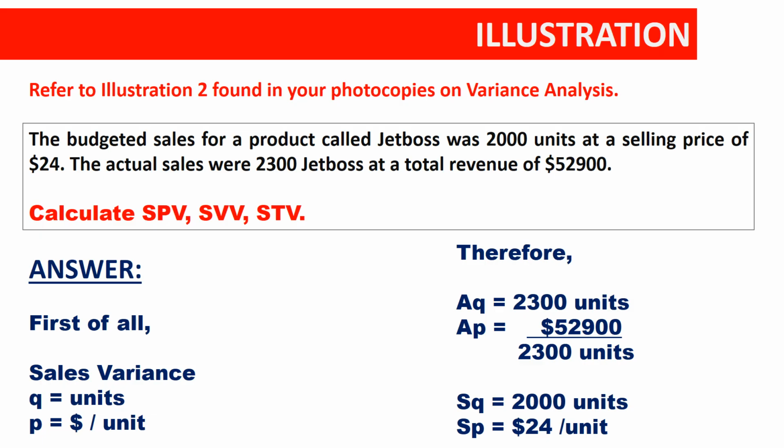AP is $52,900 divided by 2,300 units, in order to get the actual selling price per unit, that is, X dollars per unit. Then, SQ is equal to 2,000 units, and SP is $24 per unit. Now, use all this information to calculate the variances found in the following slides.